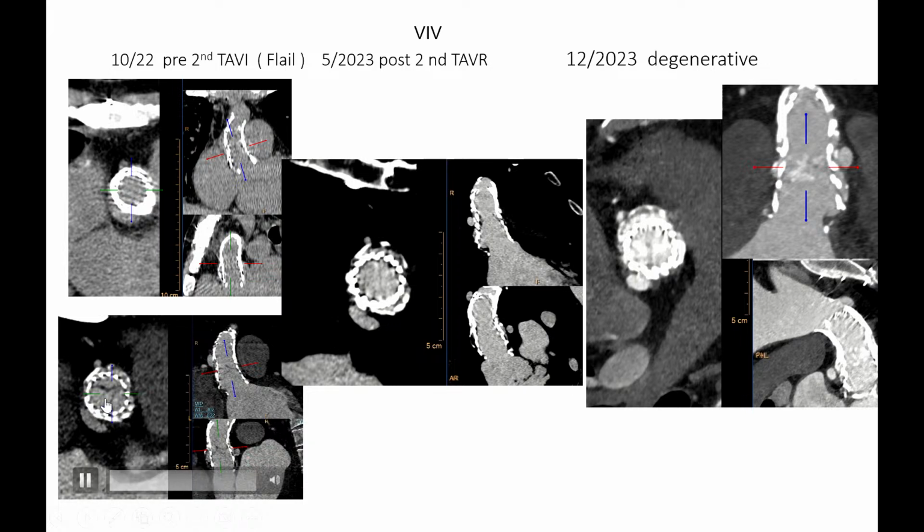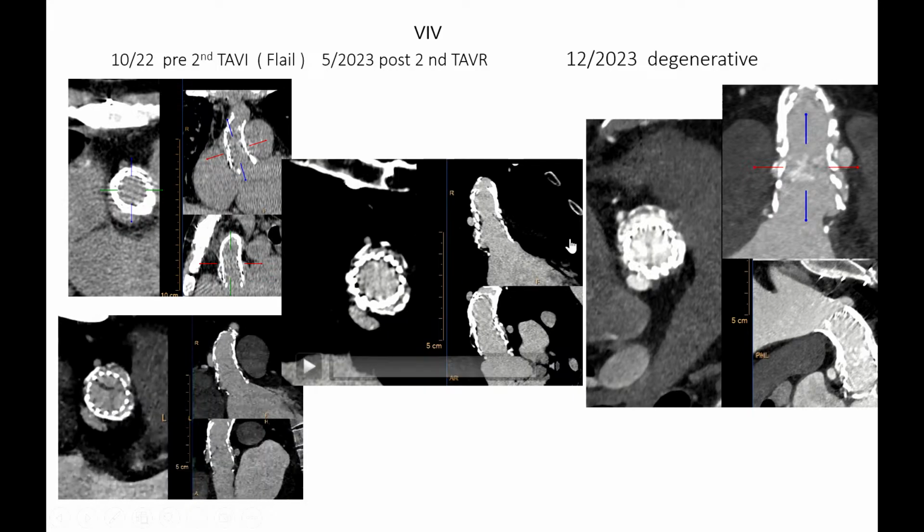You can see a big gap there. And so a second TAVR was put in, so this is his third valve. And 7 months later, he came in with severe degeneration. I can only suspect this could be due to unfavorable hemodynamics causing the degeneration.